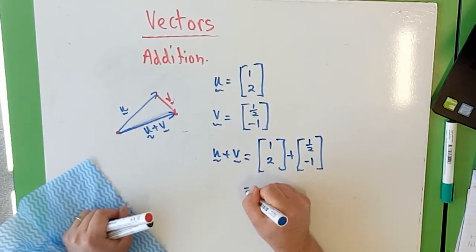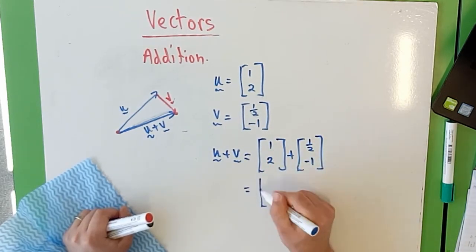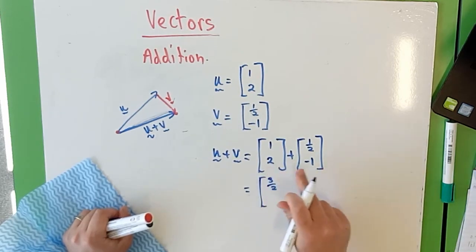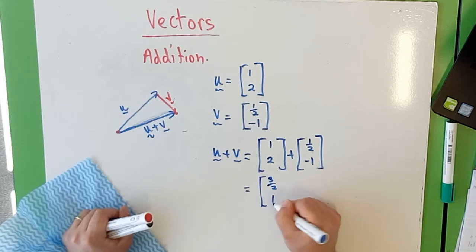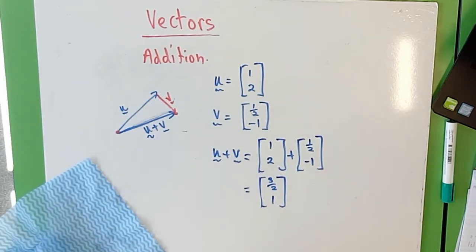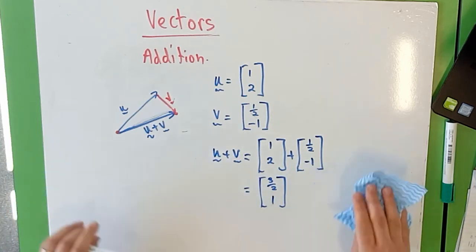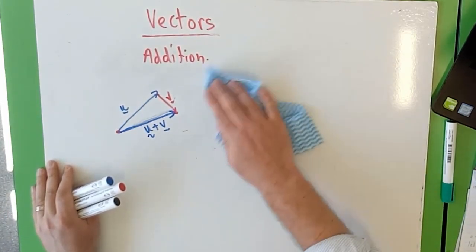You add the x's together, we get 1 plus a half, which is 3 halves, and 2 minus 1, which is 1. So that's pretty easy. The column vectors make it very simple to do.